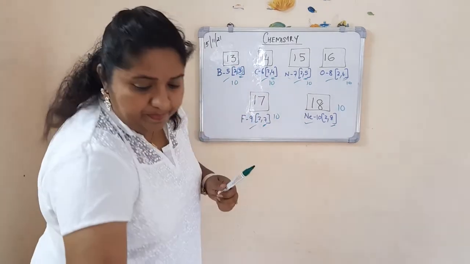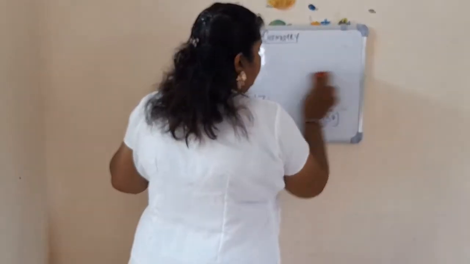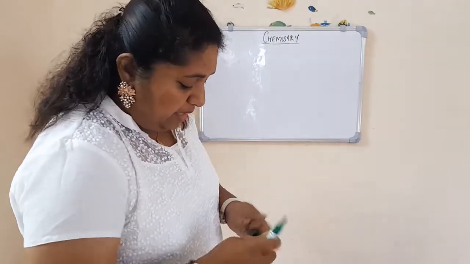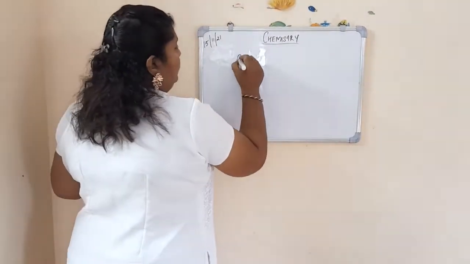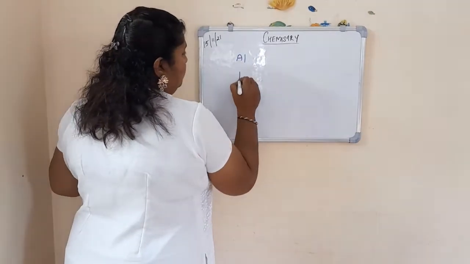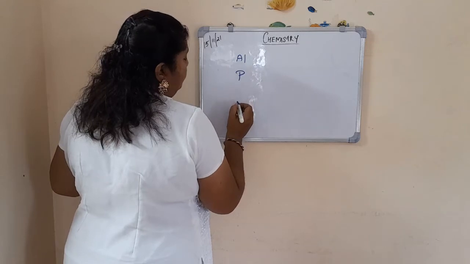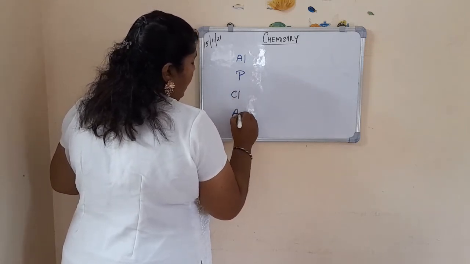For example, I'm going to write the electronic configuration of some elements. Aluminium, phosphorus, then chlorine, argon.